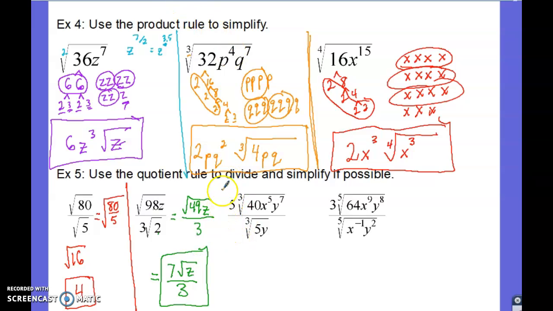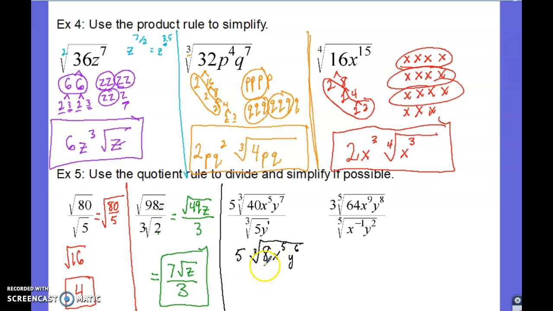So as I do the next one, notice my index is the same for both. So I can reduce this. 40 divided by 5 is 8. We still have that x to the 5th. And as I subtract y to the 7th minus y to the 1st, because that's our rule for exponents, it's y to the 6th.